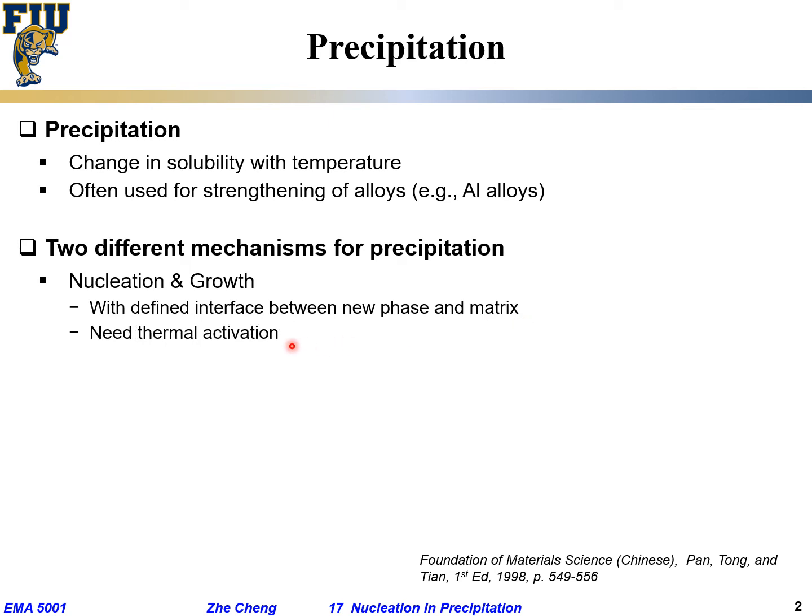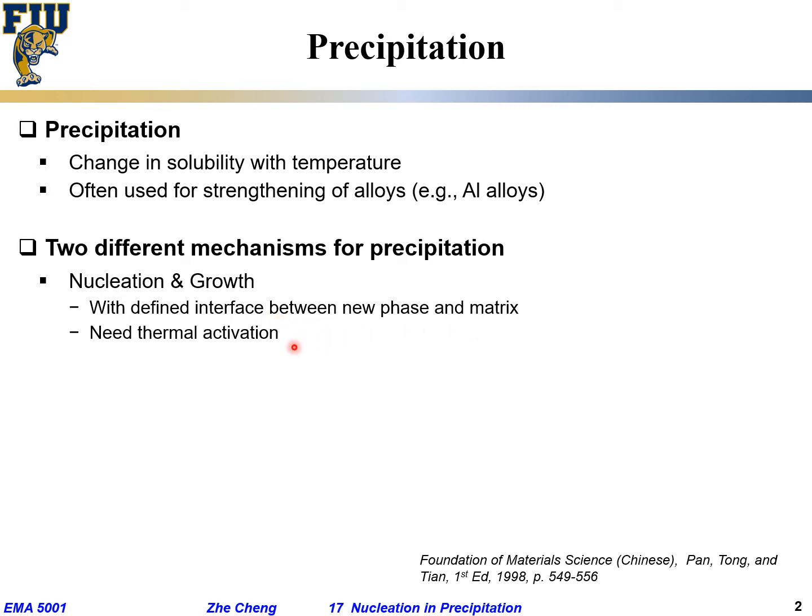In order for the precipitation to happen via nucleation and growth, we often need thermal activation. We need the heat process in order to overcome a barrier. The barrier quite often comes from the defined interface between the new phase and the matrix phase.